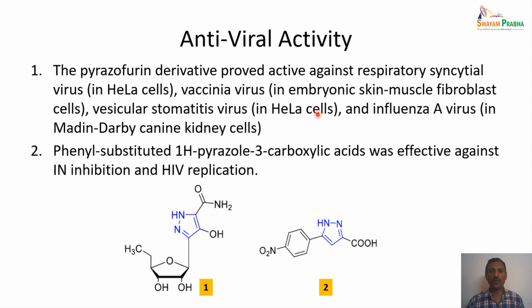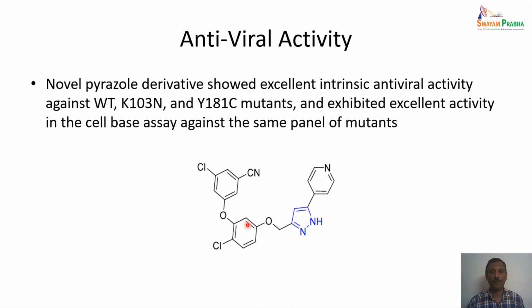So all these viruses are acted against by this particular pyrazole derivative. And this phenyl substituted 1H pyrazole 3-carboxylic acid was effective against IN inhibition and HBV replication. So these are some of the compounds which are active against viral activities.